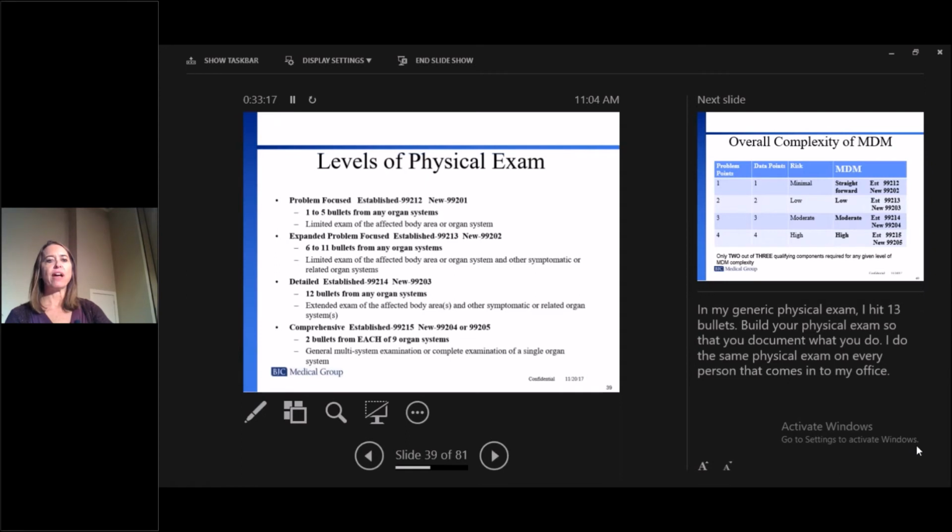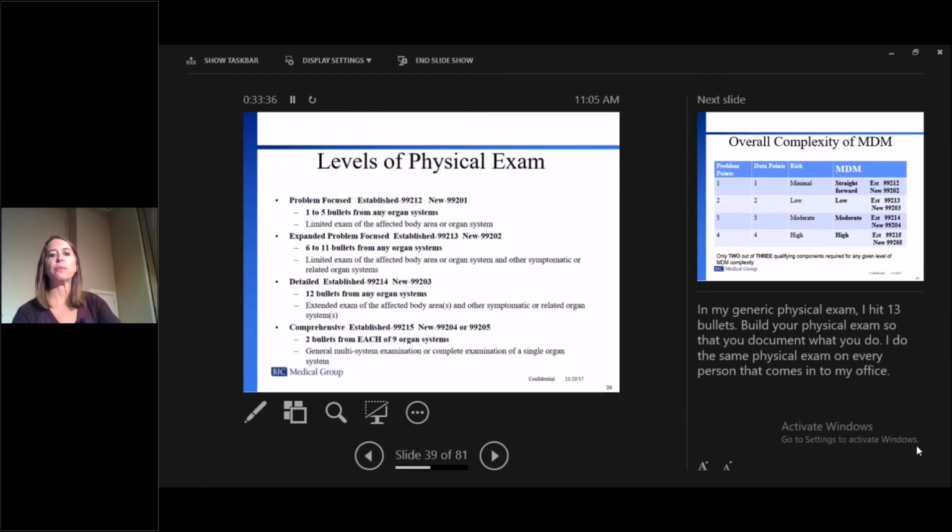So here's your level of physical exam. For your 212 visit, you need 1 to 5 bullets from any organ system and a limited exam of the affected area. So that's your person who's only coming in for the sore knee and you're only addressing their knee and you're not listening to their heart or lungs or belly.